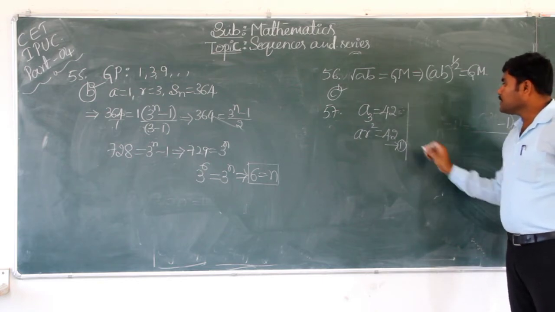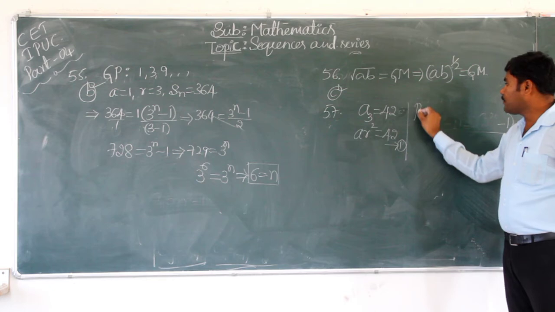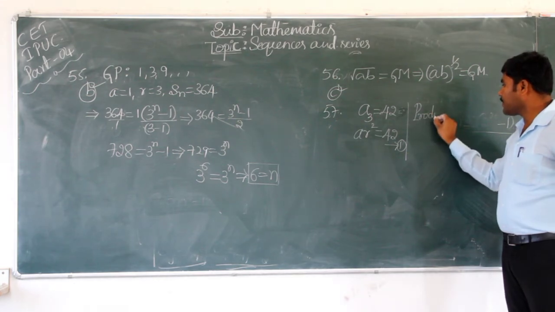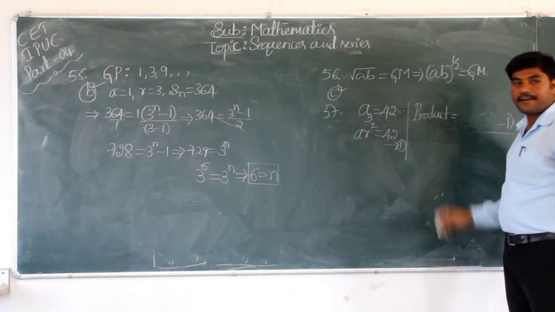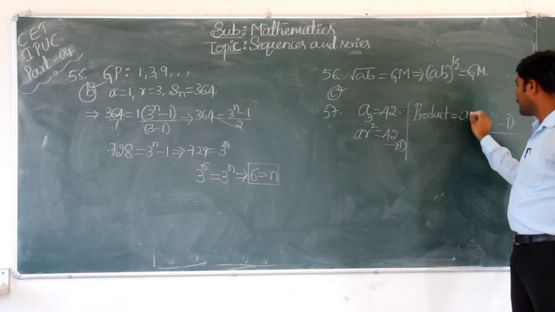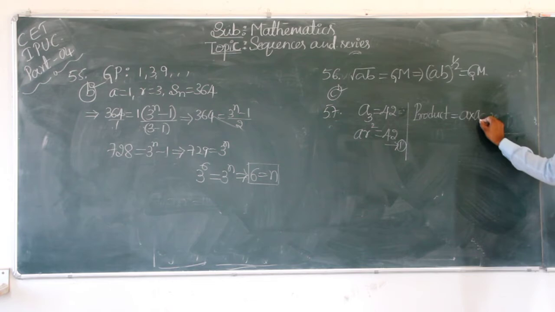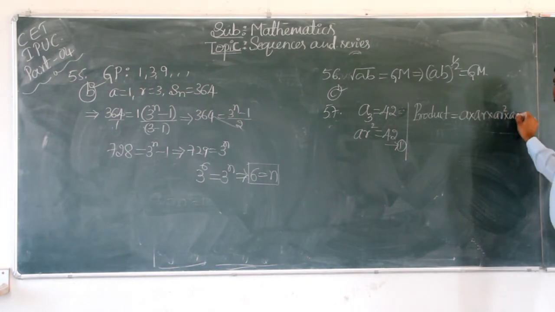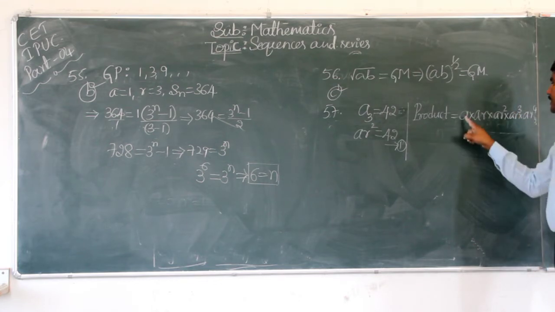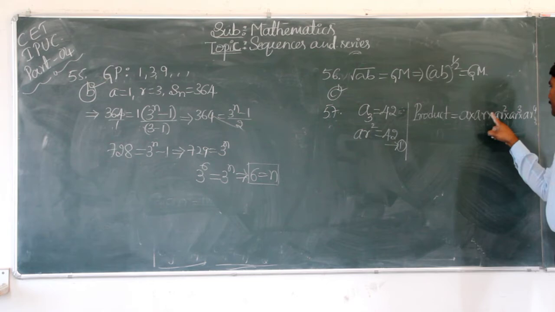Now, using this, we have to find the product of first 5 terms. Product of first 5 terms of GP: first term is A, second term is AR, third term is AR squared, fourth term is AR cubed, fifth term is AR to the power of 4. See, bases are same.